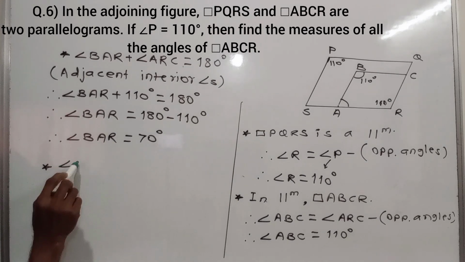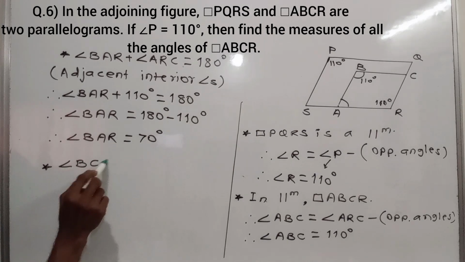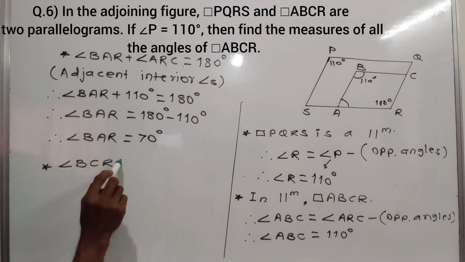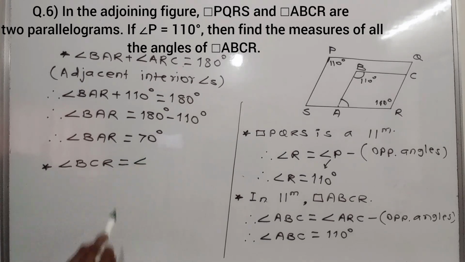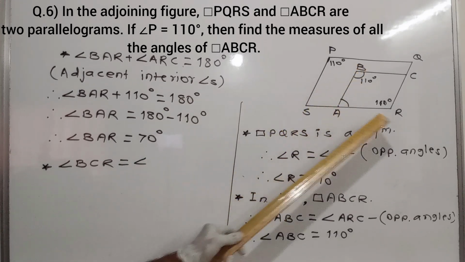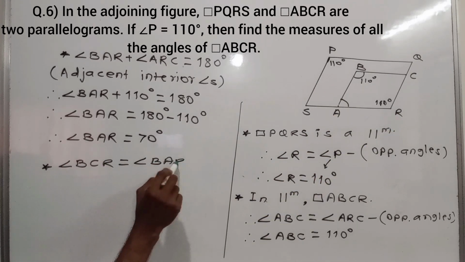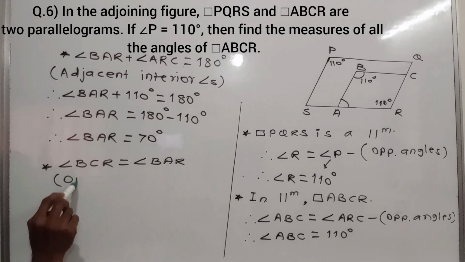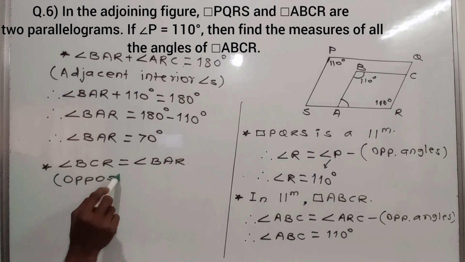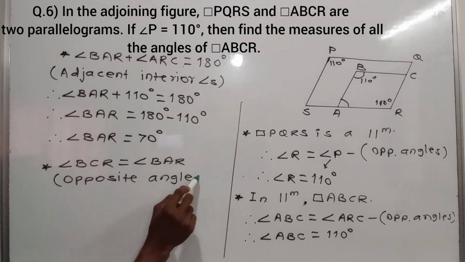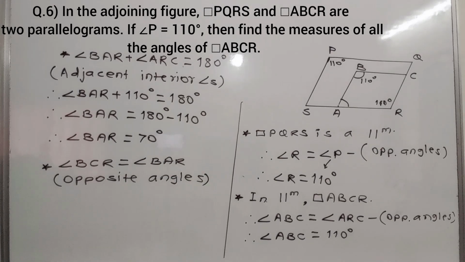Therefore, angle BCR is equal to angle BAR, opposite angles of parallelogram ABCR.